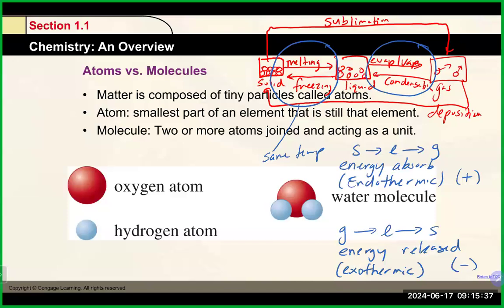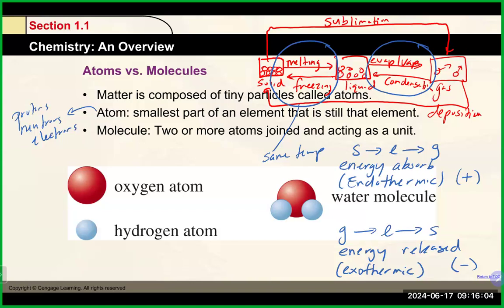Now, other things obviously that we talk about in chemistry, which is really important: the atom is really the smallest unit of any element that's there. As we'll talk about, it's made up of protons, neutrons, and electrons. But the atom is the basic representation of any element, say on the periodic table.